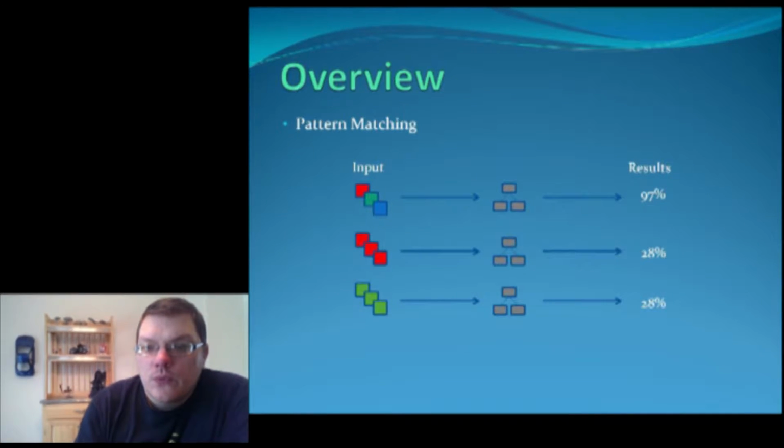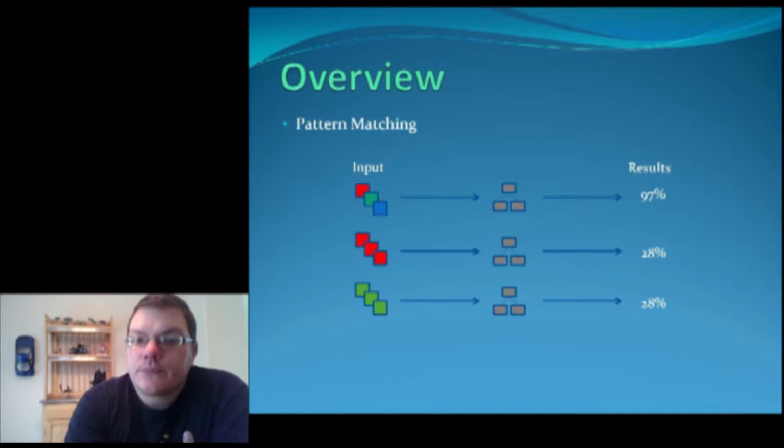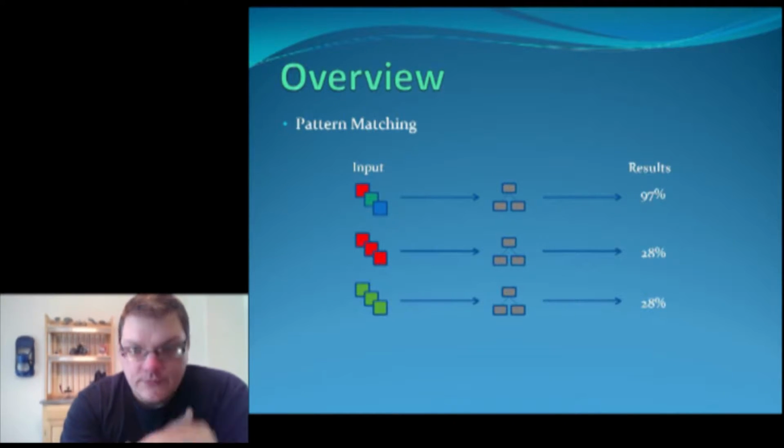So neural networks are great for pattern matching. For the example on the slide, I just have three blocks, basically a color palette. We feed that in as a value into the neural network, and those three colors create a pattern.